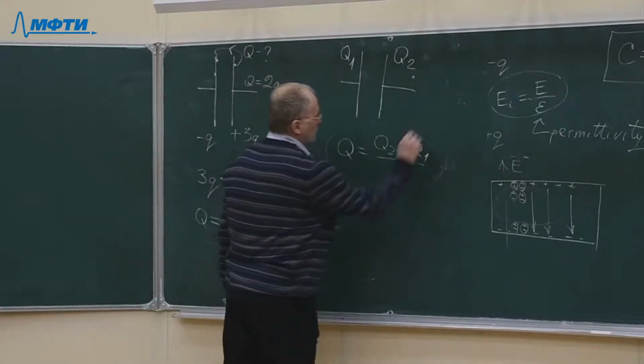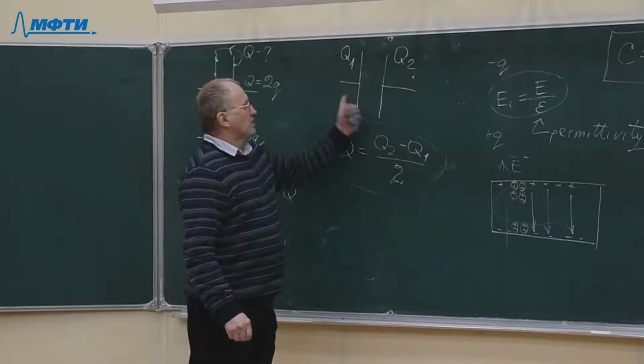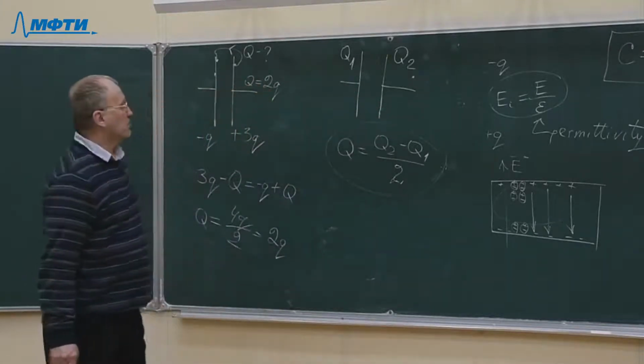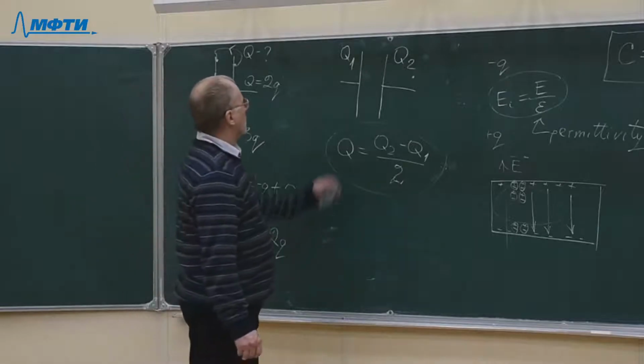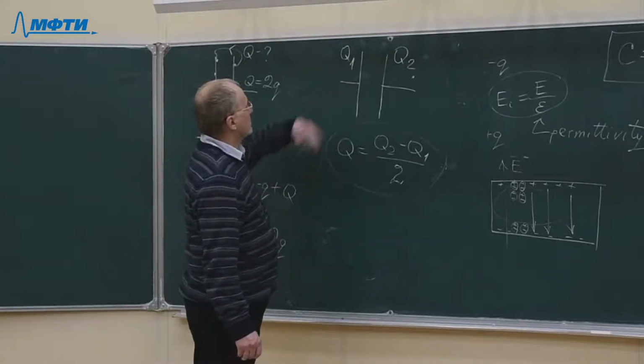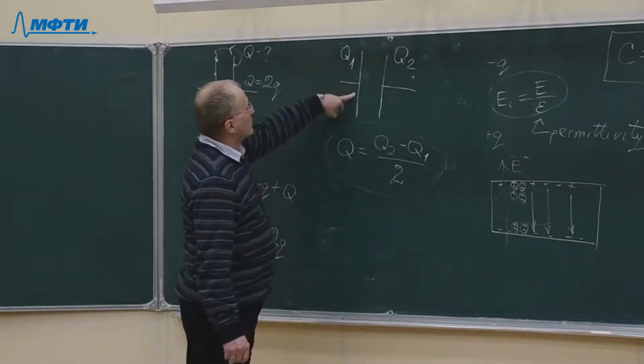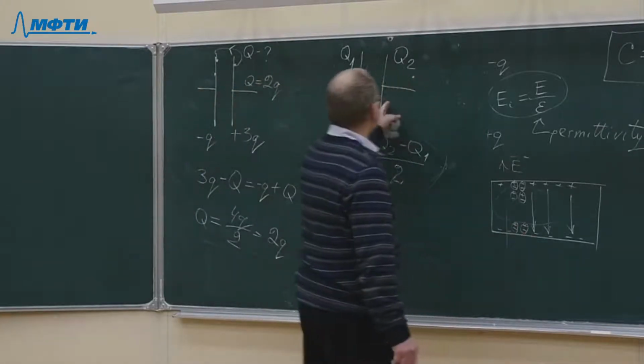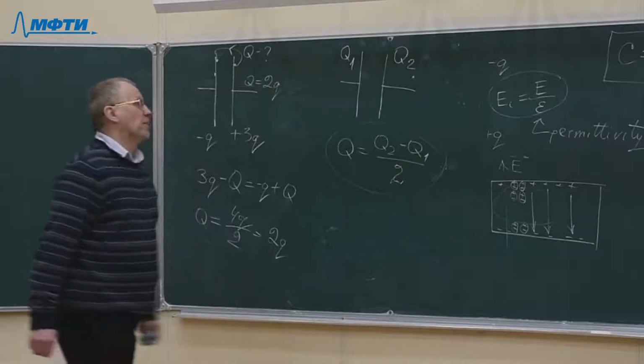That is the charge of a capacitor when two plates have different charges. That's quite possible. Why not? We can charge this conductor, put any charge here, impart any number of electrons. We can make it larger or smaller. We discussed it last time.